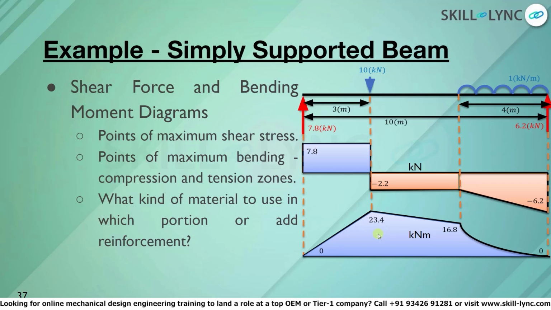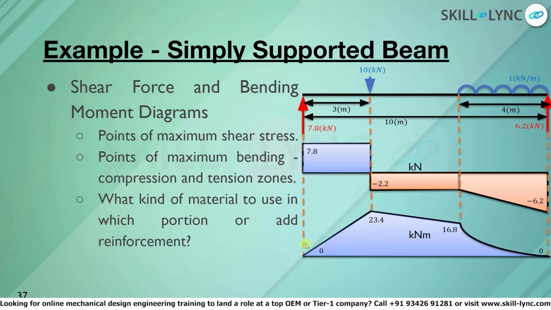Shear force and bending moment diagrams are important in structural analysis because they give us the points of maximum shear stress. Thus, we can see that the maximum shear stress that this beam will sustain is at the support reactions, 7.8 and minus 6.2 kilonewtons respectively. Similarly, it also gives us the points of maximum bending.